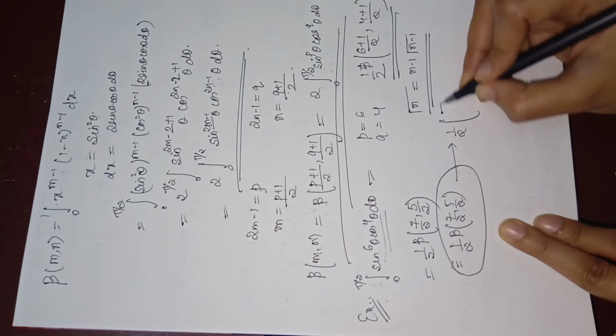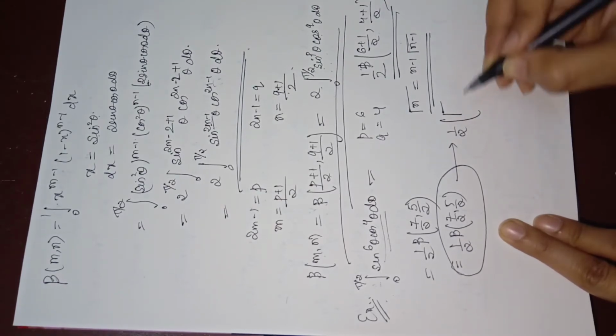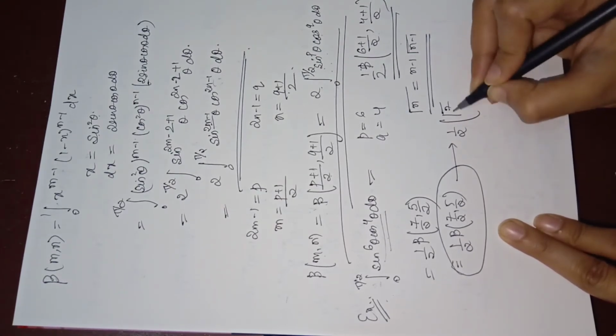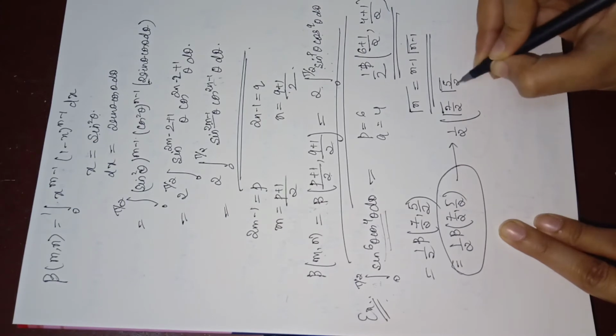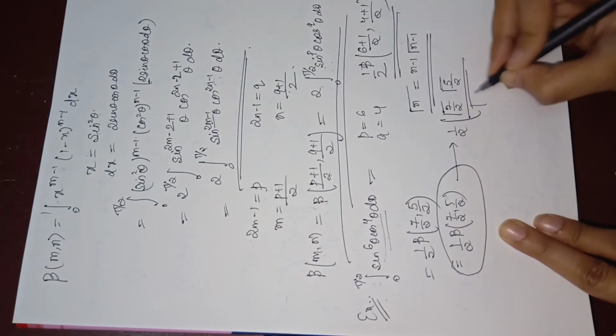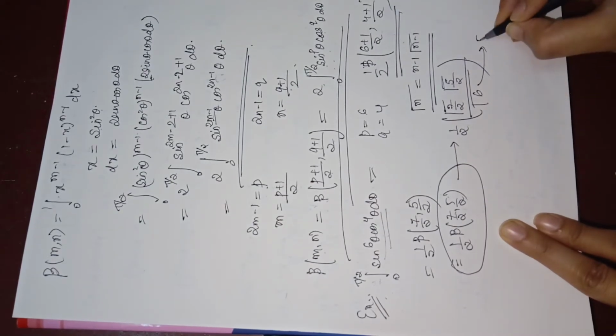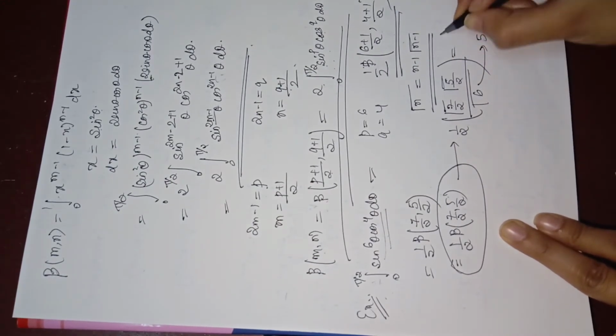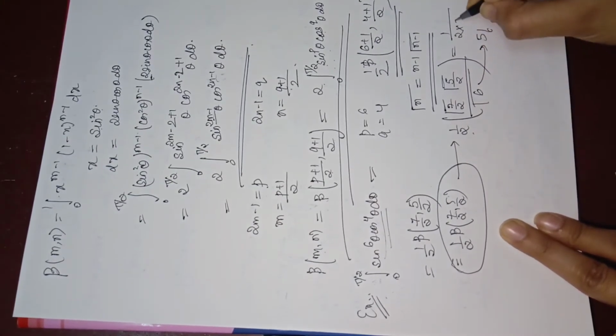Half, gamma m gamma n by gamma m plus n. So gamma 7 by 2, gamma 5 by 2 divided by gamma of the sum, 7 plus 5, 12 by 2, gamma 6. Gamma 6 we easily know is 5 factorial. So in my denominator, I have this 2 and 5 factorial.